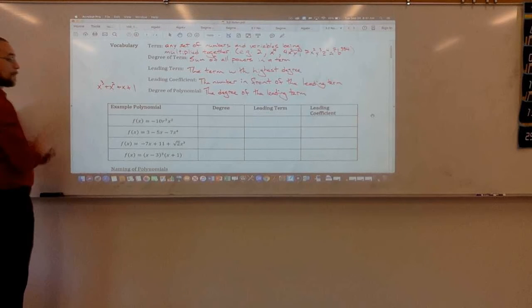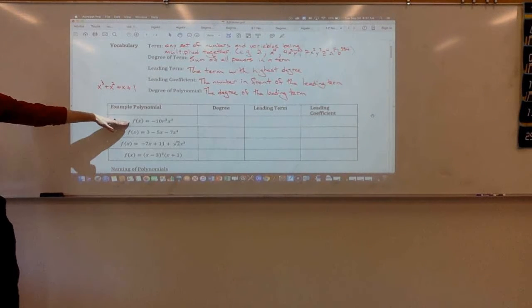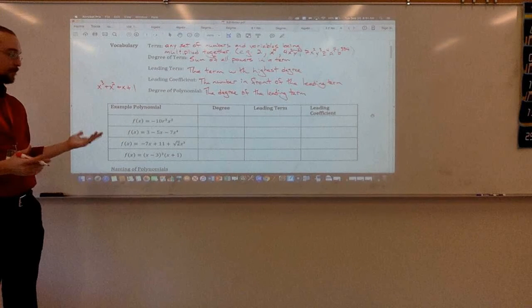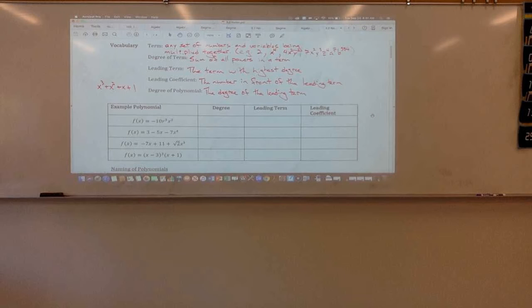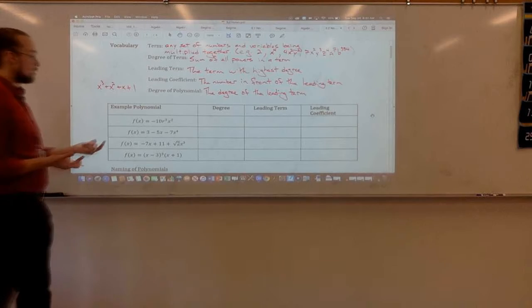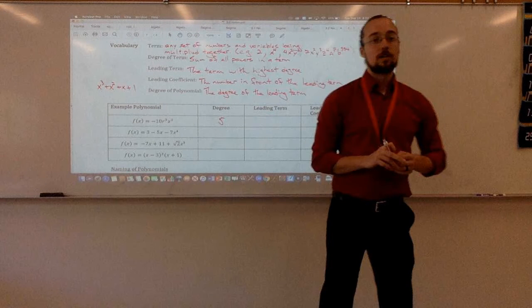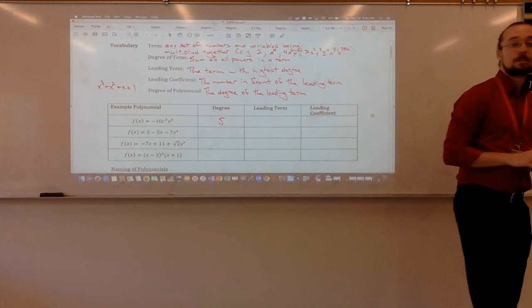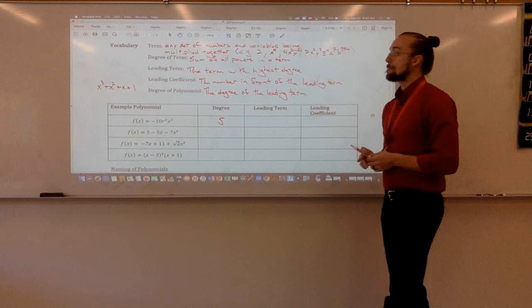Right. Okay. So just like this first example, we've got negative 10 r cubed x squared. So we only have one term in this polynomial. Right? So what was our definition of a term?